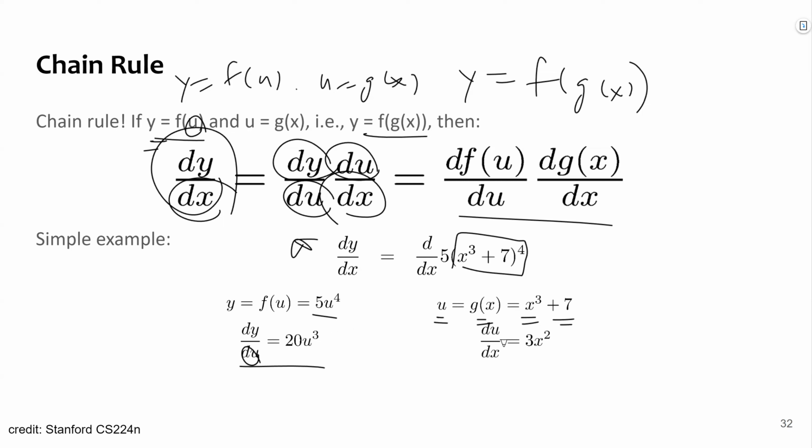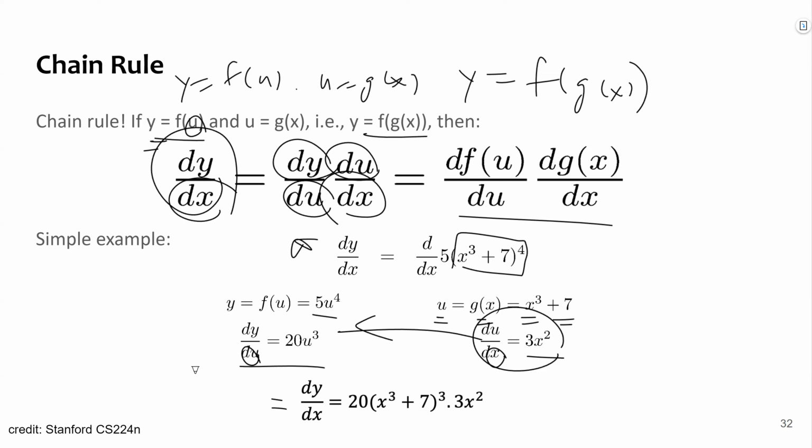When you derive this in respect of x, it becomes 3 times x squared. And you multiply this one to this one. So dy/dx, which is dy/du times du/dx, is 20 times (x cubed plus 7) cubed times 3 times x squared. Okay, this is very simple.